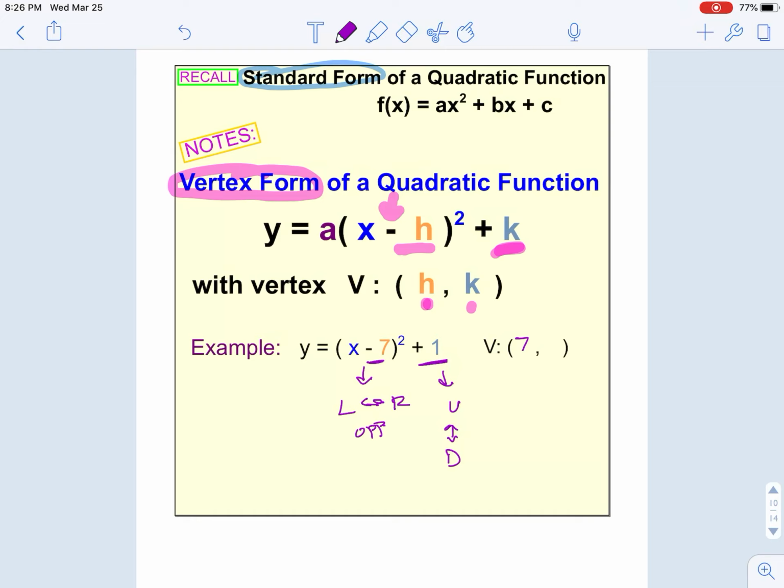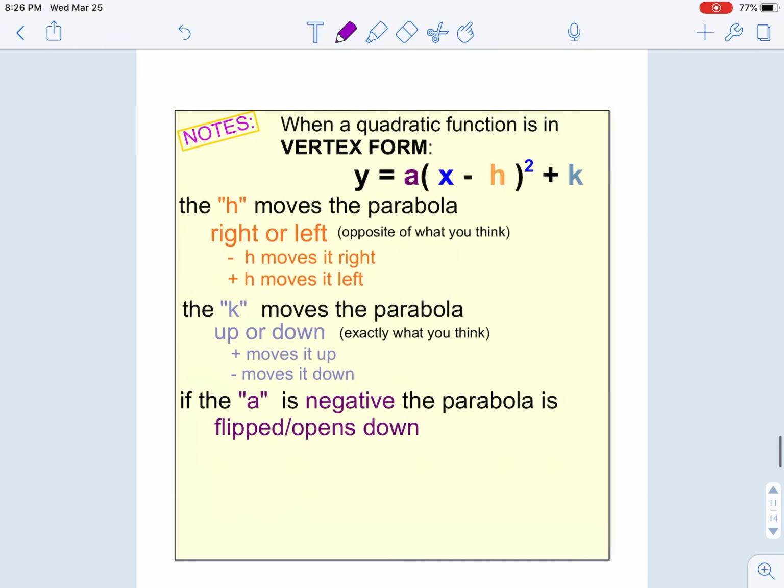This one outside the parentheses is going to move just like you think. We'll say that it's going to move the regular way. +1, that means our vertex is going to go up 1. So this form, as you can see, is going to make it really easy for you to find the vertex, which in this example is at 7, 1.